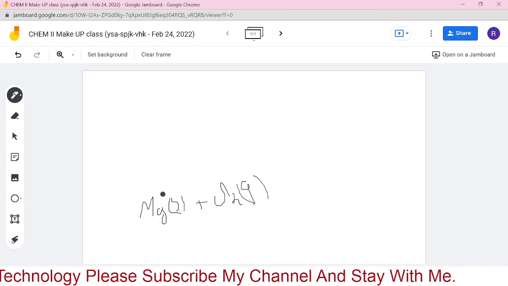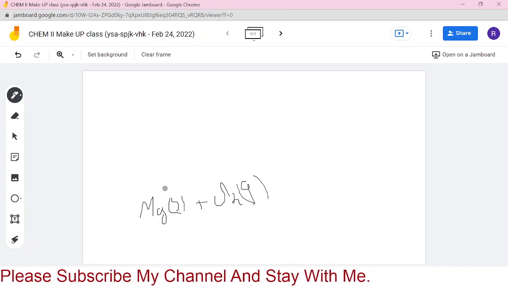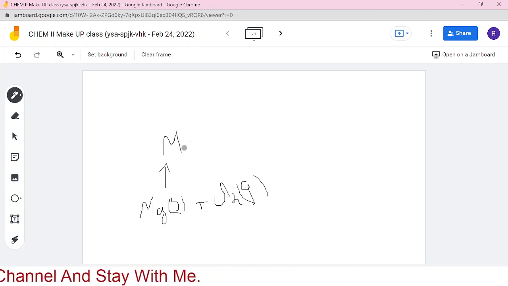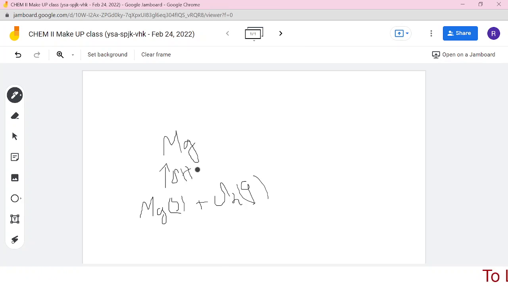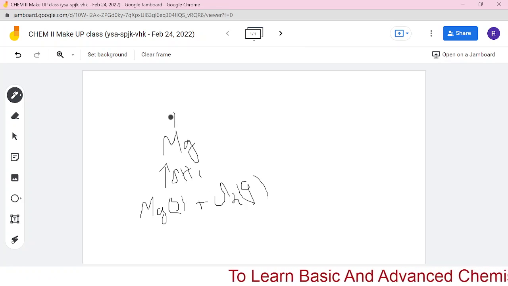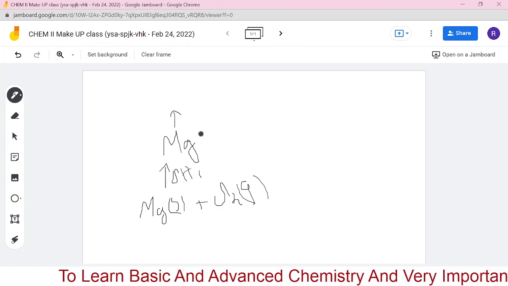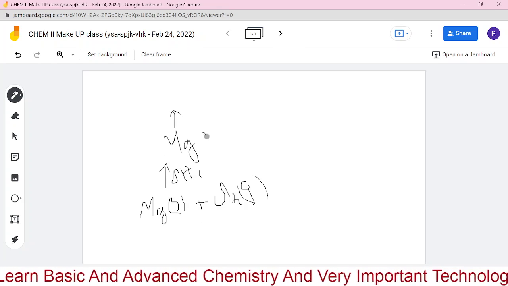So first we need to convert this solid magnesium into magnesium gas. So you need to apply some energy. Let us consider delta H1, that is energy. Then you need to convert this magnesium to release 2 electrons. So solid magnesium will be converted into magnesium gas.